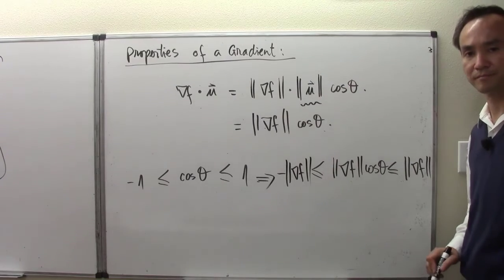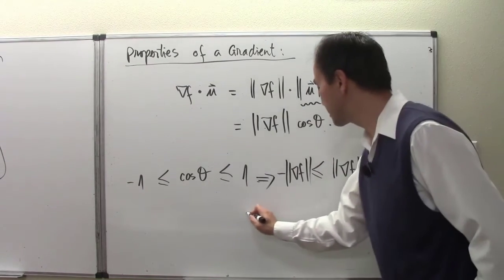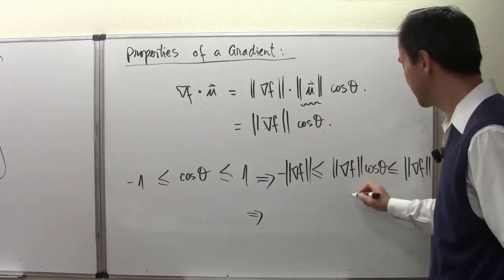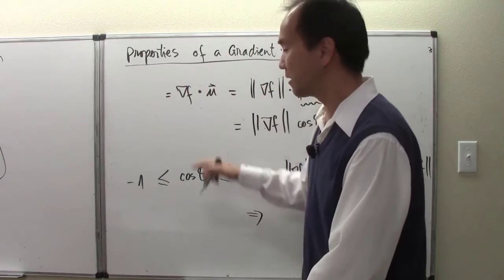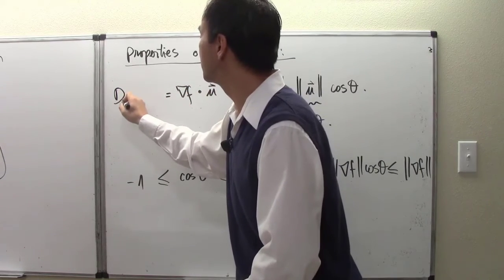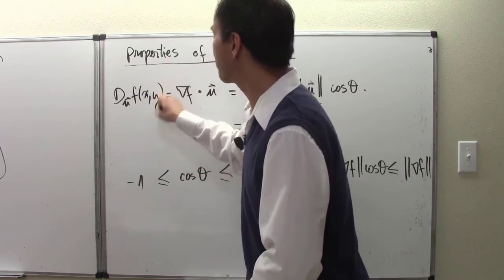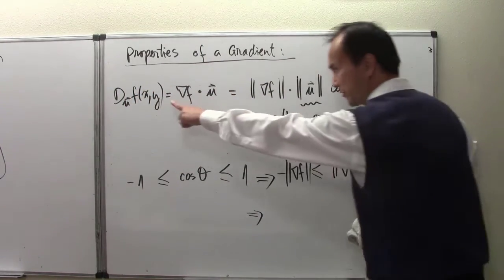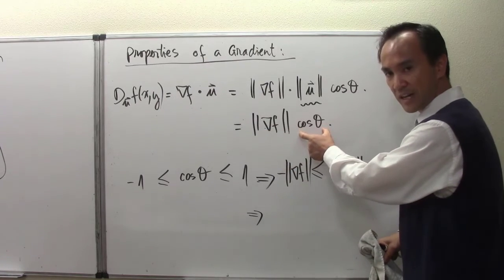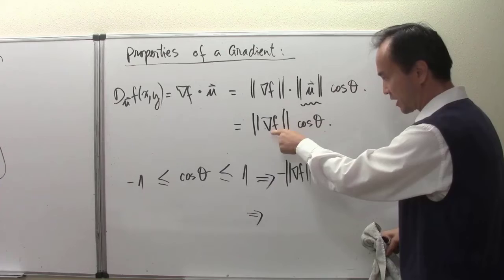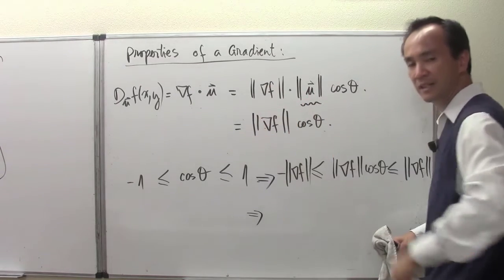All of this now really equals the directional derivative. So one big shock is that the directional derivative equals cosine of the angle theta between the two vectors, the gradient vector and the vector u, simply multiplied with the length of the gradient vector.